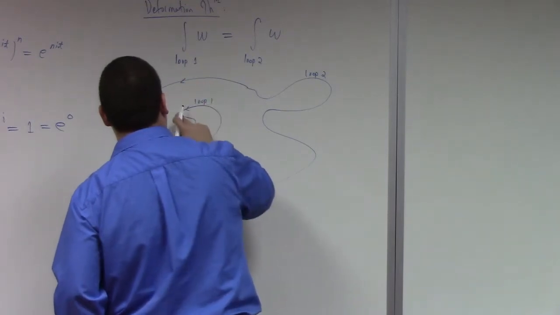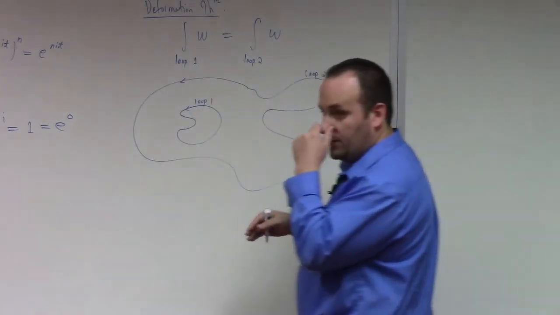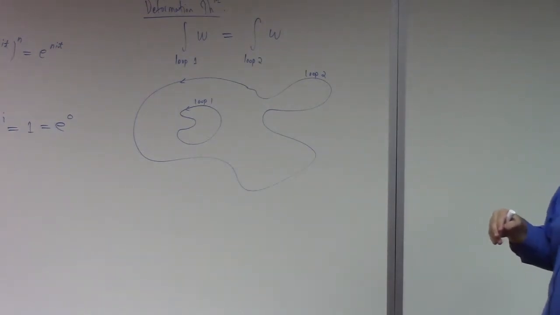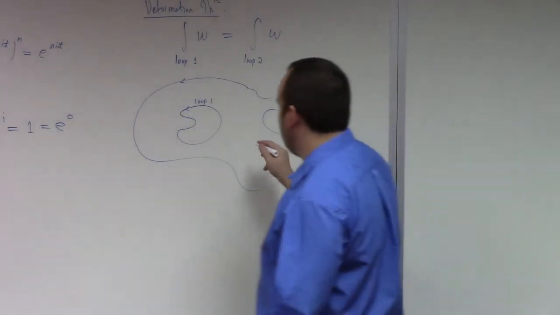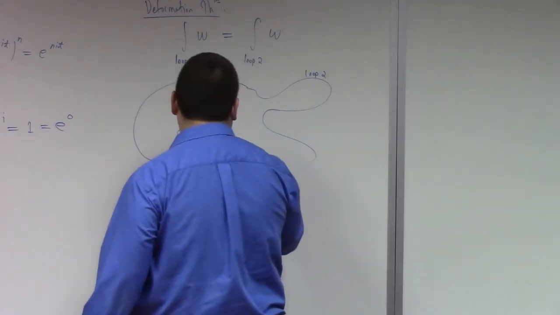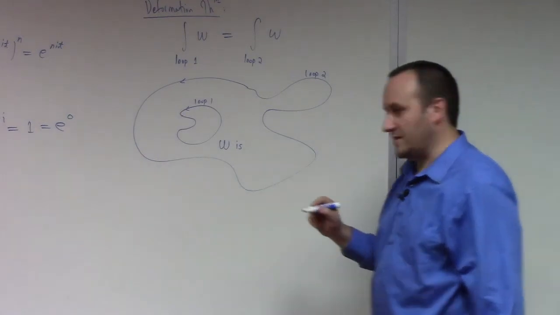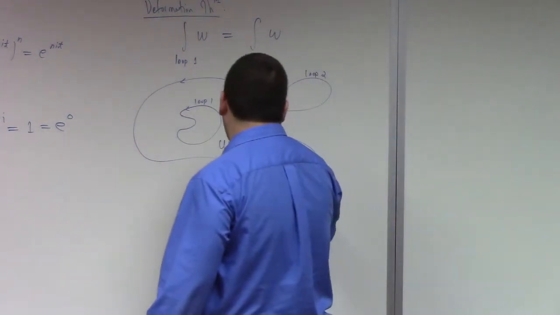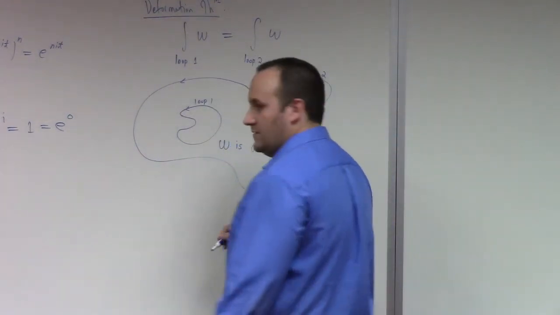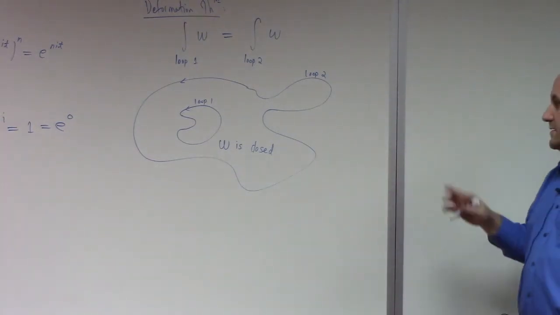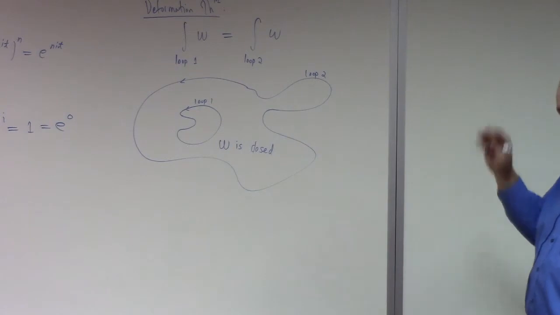They both have to be the same, like both counterclockwise oriented or both clockwise oriented. And what else did we need about the form? What did we need in the region between? Omega is what? Closed, right. Because if omega was closed, then we can use Green's theorem and the area integral goes to 0.